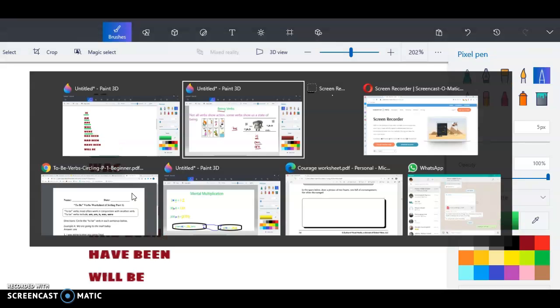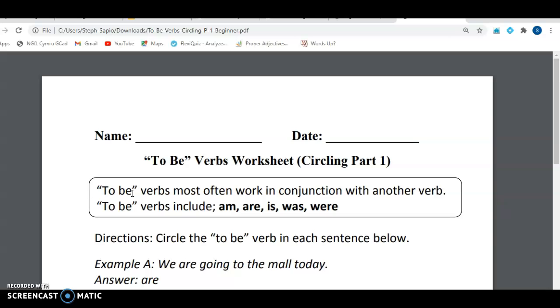So today we're gonna go ahead and complete this little worksheet because we want to identify being verbs: am, are, is, was, and were. You're going to be looking for these in the worksheet, and you're going to circle them. We're going to be circling the to be verbs, the being verbs.